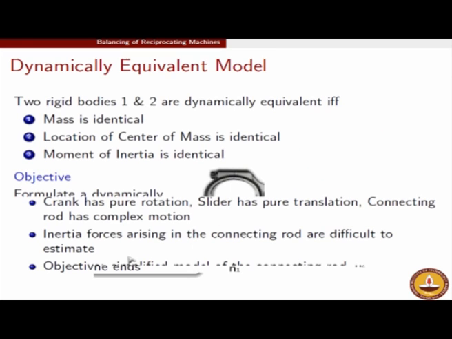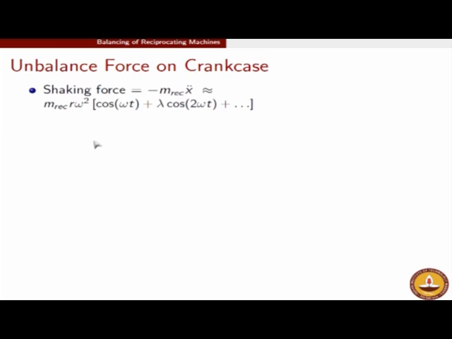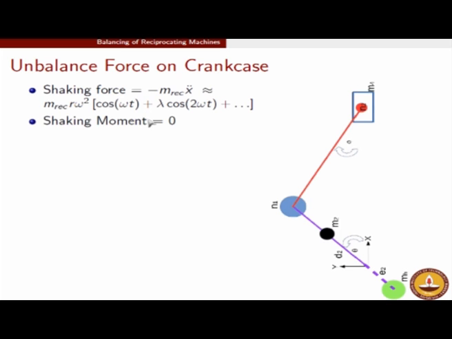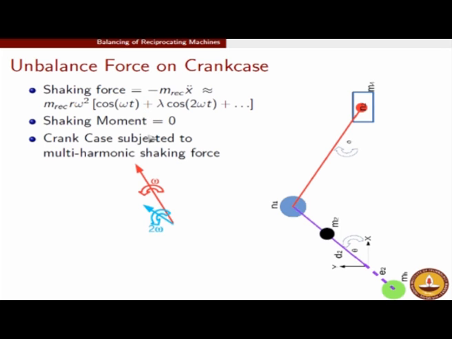Yeah, thank you, sir. So at this stage, as we have seen, we have been able to find a nice compact representation for the shaking force, which is this. And shaking moment is 0. Now this shaking force can also be thought of as a rotating unbalance, but the force in a rotating unbalance goes in all directions, whereas here it is only the cosine component of this rotating unbalance which will hit our frame.